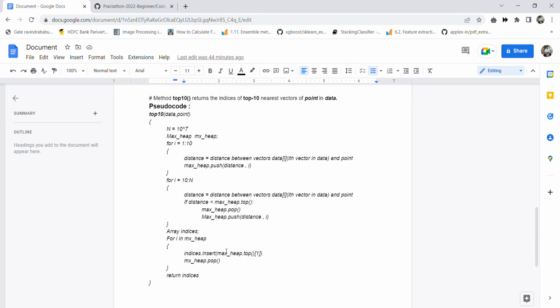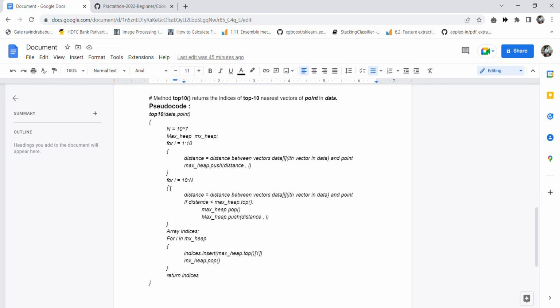So this is how the pseudocode looks. For the first 10 vectors in the data matrix, we find the distance between the ith vector in the data and the point, and insert the distance and the corresponding index into the max heap.